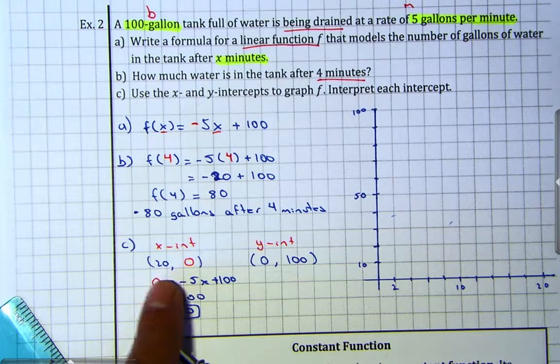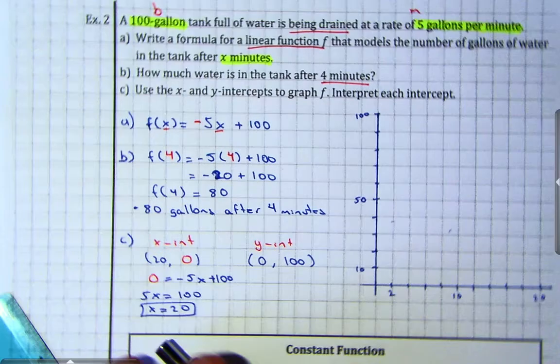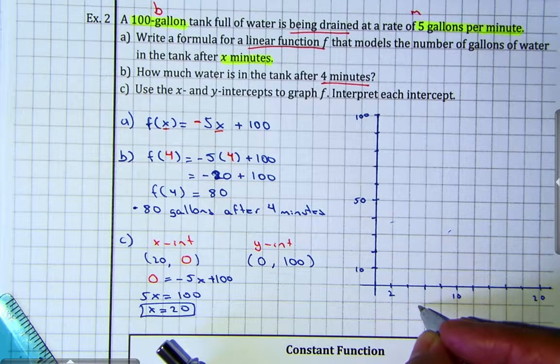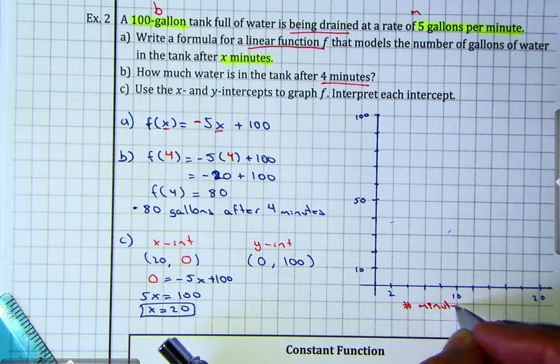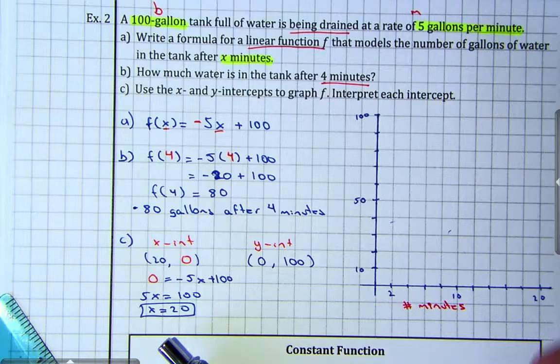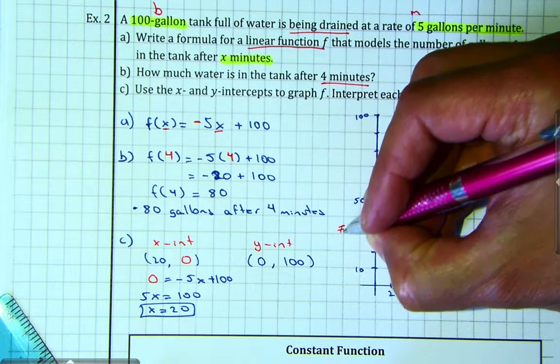Now you want to make sure that you label your x and y axis. Your x corresponds to the number of minutes, and your y will correspond to the number of gallons.